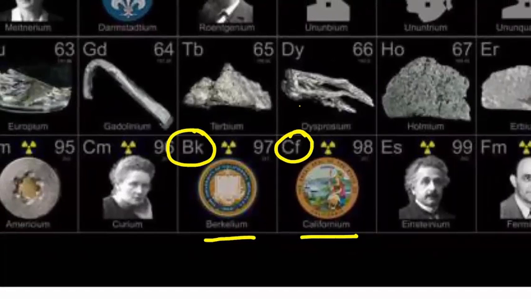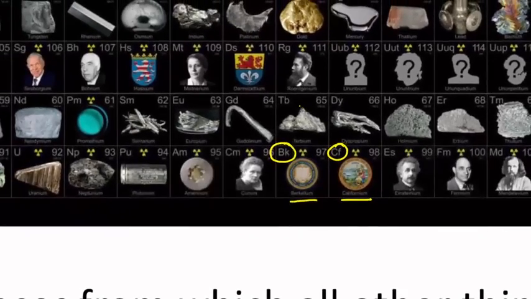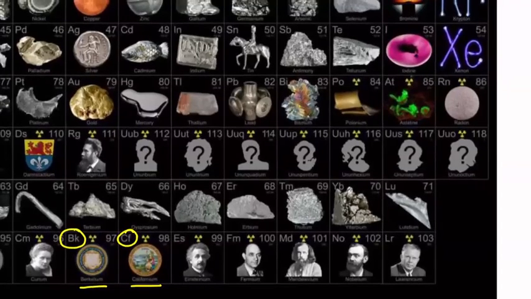There's a question in the chat: why are there 112 to 115 question marks? Because this is an older periodic table. When this one was released and put in the press, we didn't know what the names of the elements up to 118 were going to be. But by now, the periodic table is up to 118 elements.